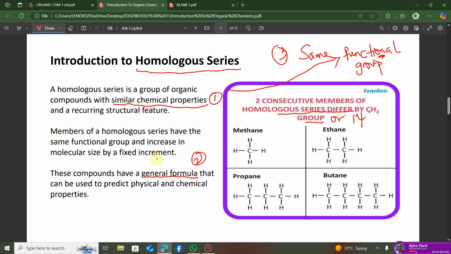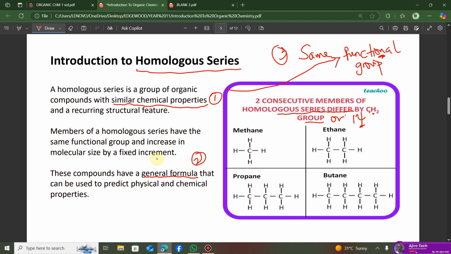So either you say each consecutive member differs by a CH2 unit, or you say that each successive member differs by a mass of 14. Meaning the difference between the second member and the first member is CH2 or a mass of 14. The difference between the third member and the second member is a CH2 or a mass of 14. So that is what it means.